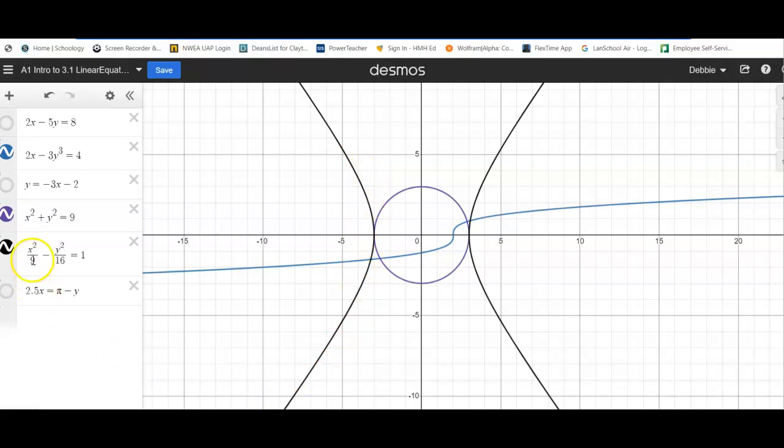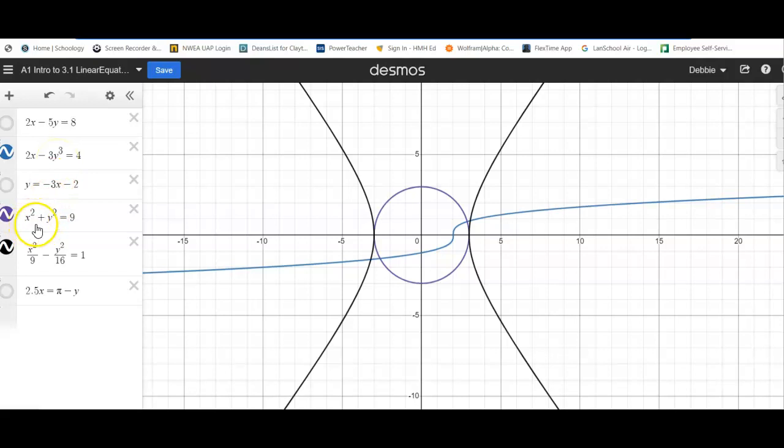So I want you to look at the power. The powers of x and y: one of the powers is greater than 1. Here, x is only to the power of 1, but y is to the power of 3.